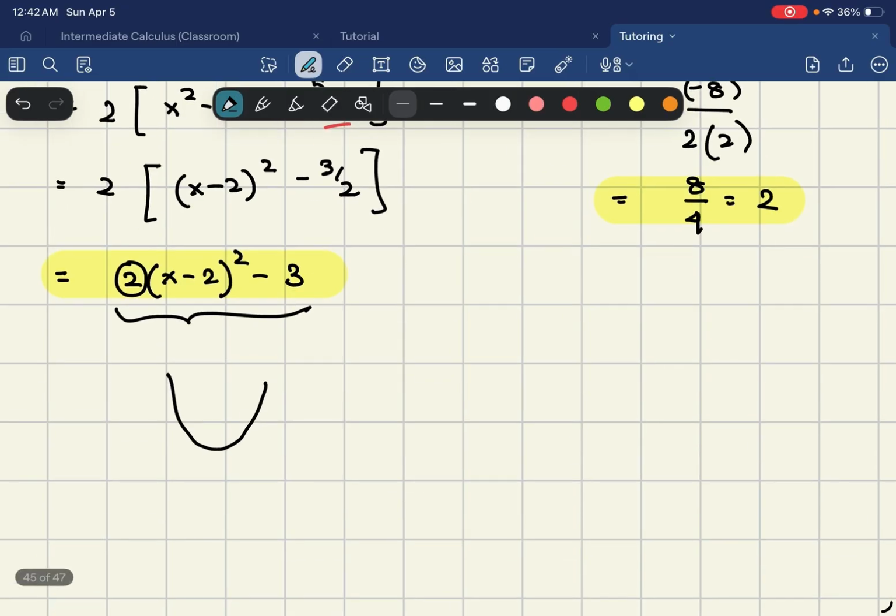If your vertex is normally at 0, 0, then after moving 2 units to the right and 3 units down, your vertex has just shifted to 2, negative 3. That's h, k, right? So h is 2, k is negative 3. And the line of symmetry must pass through this x coordinate. So it's a vertical line, so it's just going to be x is equal to 2. So yeah, that is your answer for B.